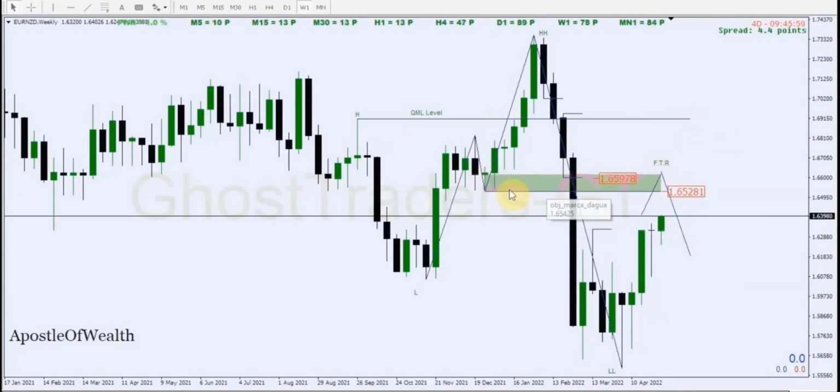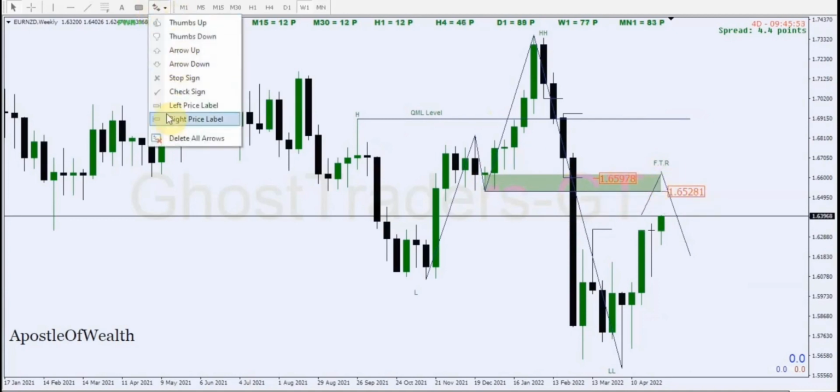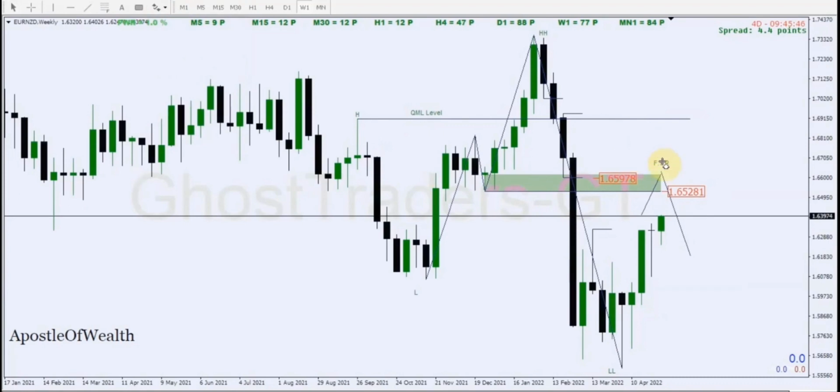It's because we have a breaker structure at this level here. So you're going to be anticipating a sell at this level, and at this level, and also at this level here.